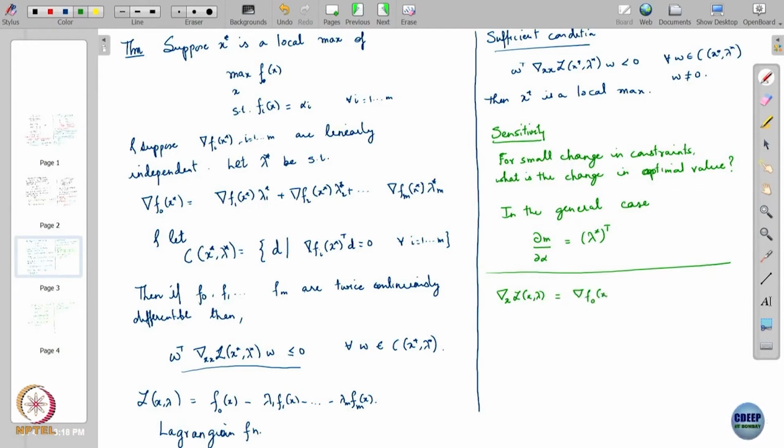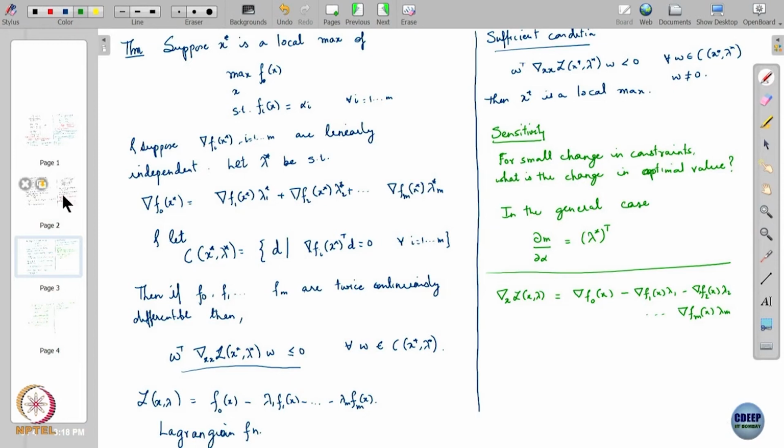That would be gradient of f0 of x minus gradient of f1 of x times lambda 1 minus gradient of f2 of x times lambda 2, and so on, up to gradient of fm of x and lambda m, correct.